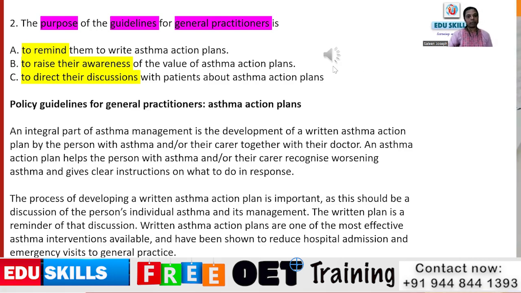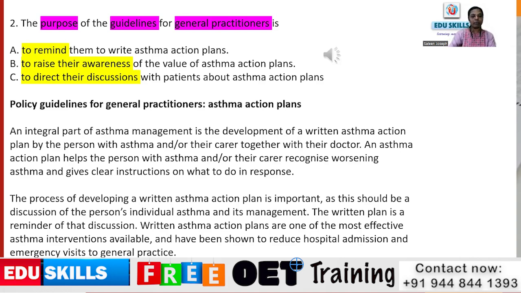Policy guidelines for general practitioners. An integral part of asthma management is the development of a written asthma action plan by the person with asthma and or their carer together with their doctor. An asthma action plan helps the person with asthma and or their carer recognize worsening asthma and gives clear instructions on what to do in response.